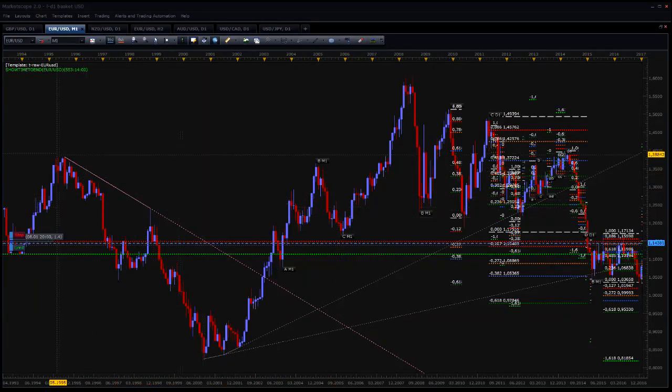So the market was in a downtrend. The market broke through the downtrend line, and clearly we changed direction, and this is now an uptrend. Why did I remove my Fibonacci's here? Because they're monthly. Okay.